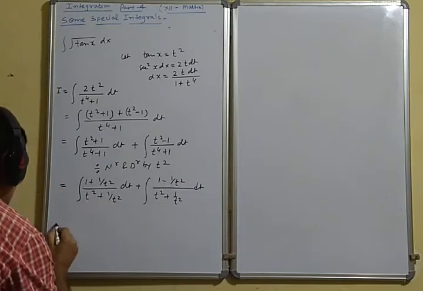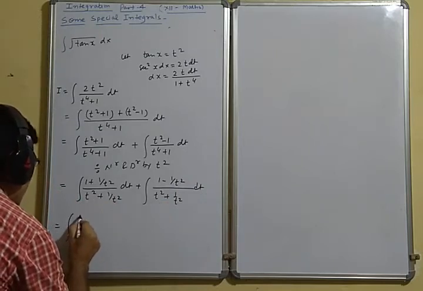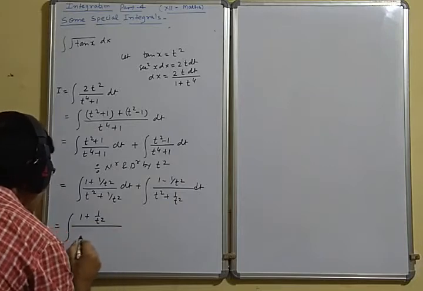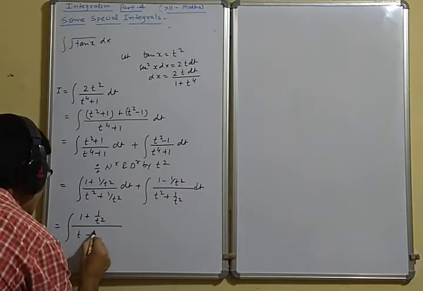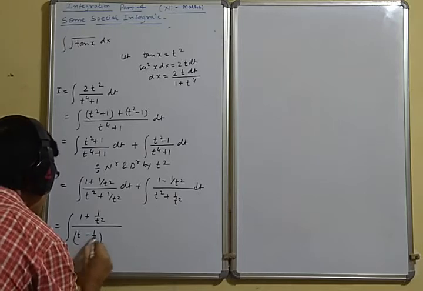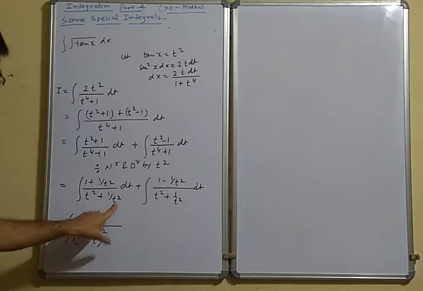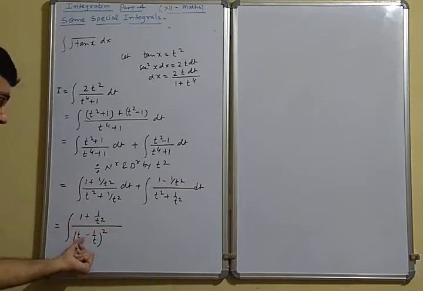So now the next step: integration of 1 plus 1 upon t square divided by t minus 1 upon t whole square, which is t square plus 1 upon t square minus 2.